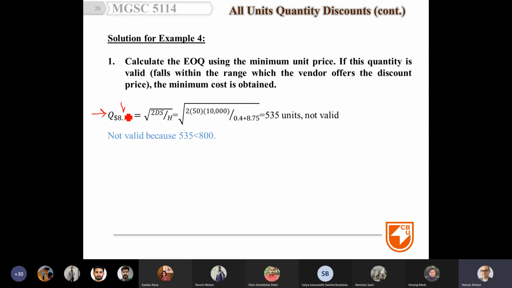When I calculate it, I should consider H. H should be calculated as 40% of $8.75. Be careful about this, many people make mistakes here. So 40% of 8.75. If I put it here, finally I am able to calculate Q star.